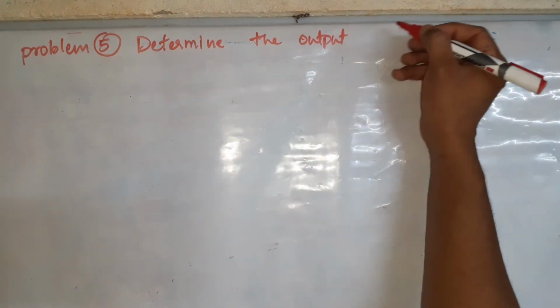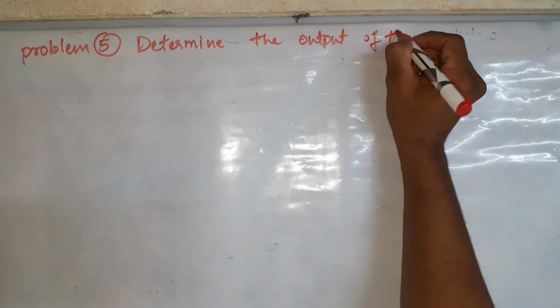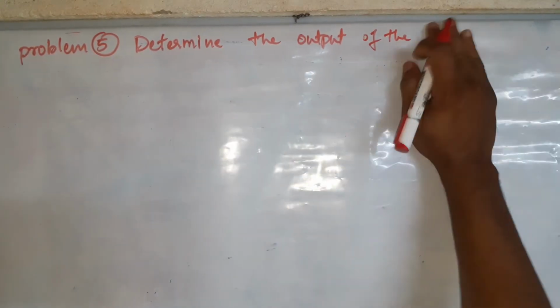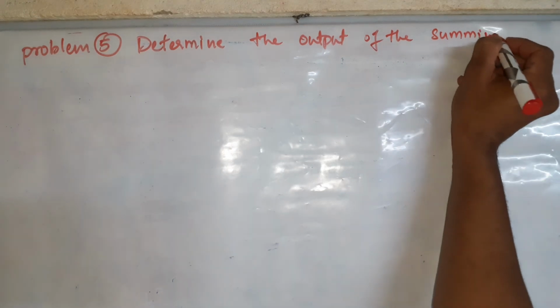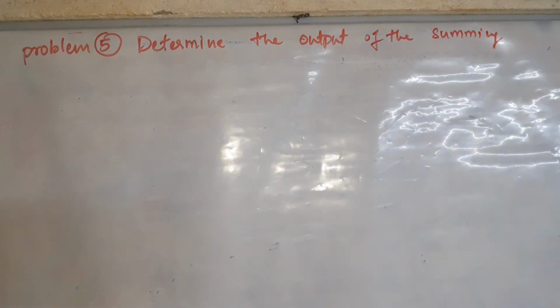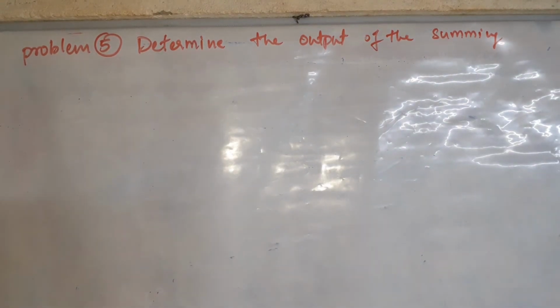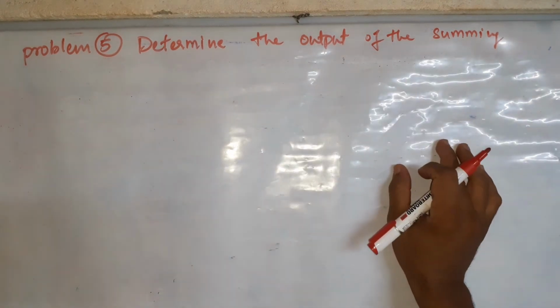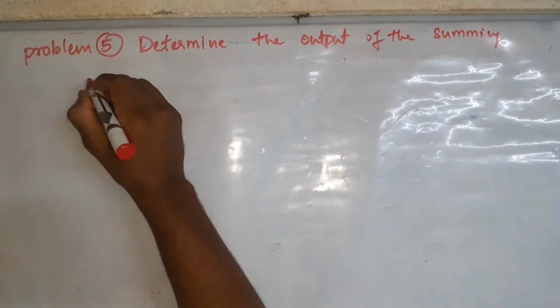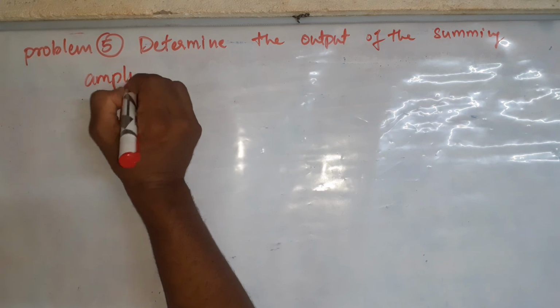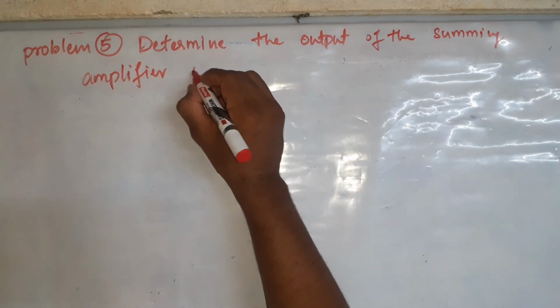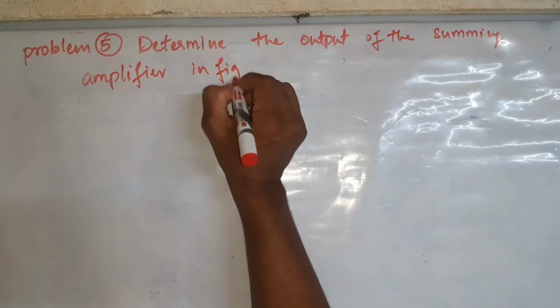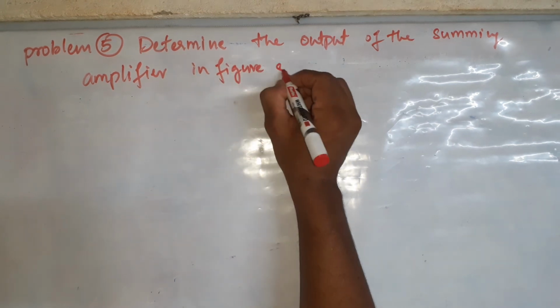Where it is, determine the output of summing amplifier in figure shown below.